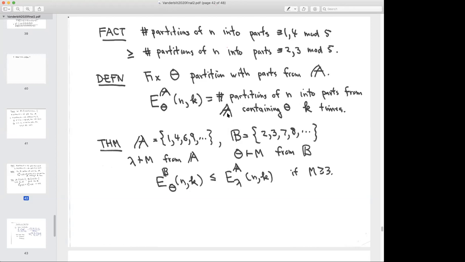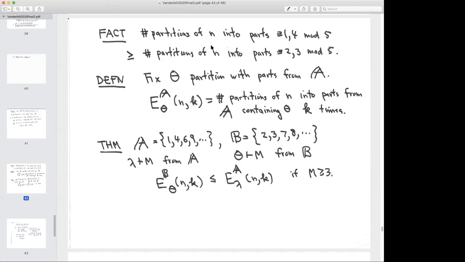So this theorem says, take 2 possible sets of parts, 1 and 4 mod 5 or 2 and 3 mod 5. Take a partition of m that comes from A, like m equal to 9, and theta from m, like theta equals 7, 2. That is always true that the 2, 3, 7, 8s are less than or equal to the 1, 4, 6, 9s. So this is a refinement of this simple fact up here. It's always true.